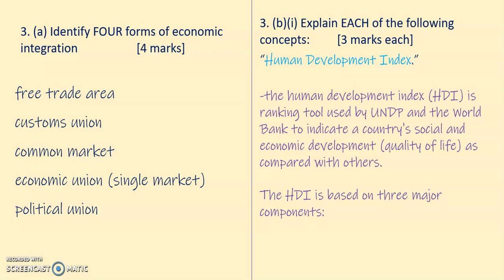The HDI is based on 3 major components. So one component is if you expect the people in this country to have a long and healthy life. You don't just want to live long, but they must live long and healthy, because obviously that would suggest that they're both productive and enjoying the pleasures of life.